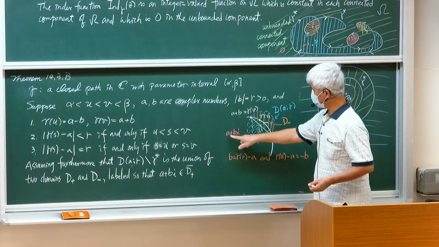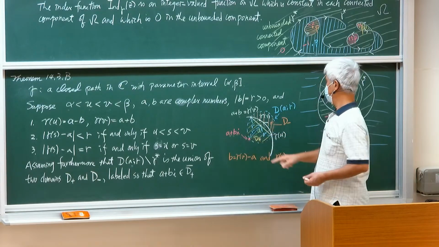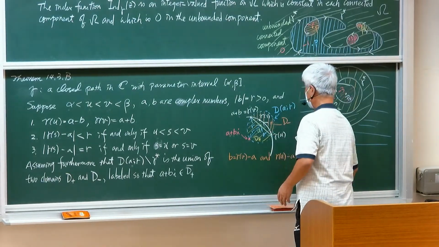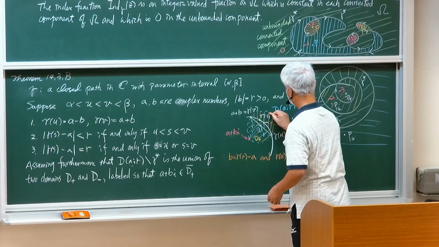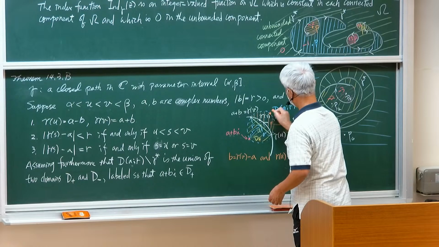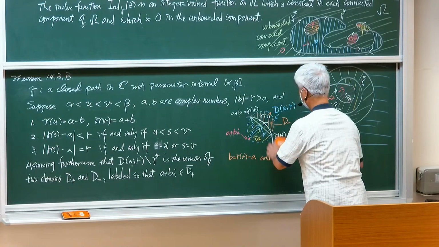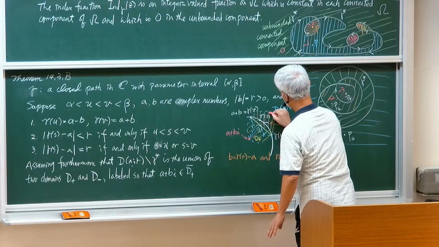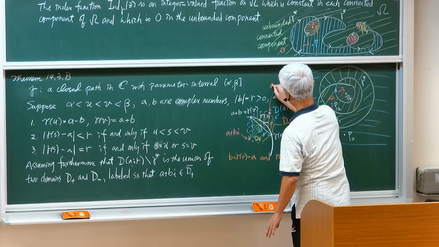So this point will be A plus BI. The opposite side, this is A minus BI.